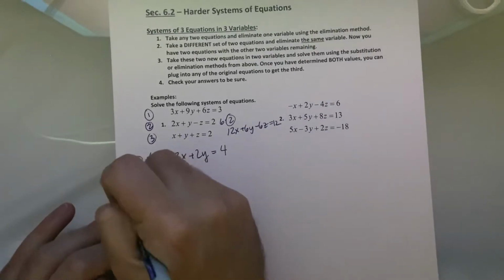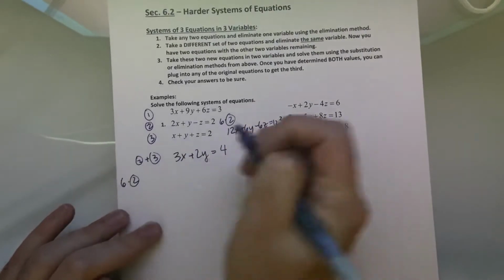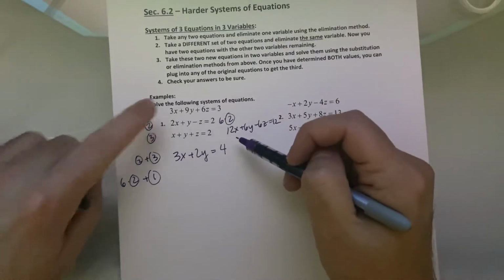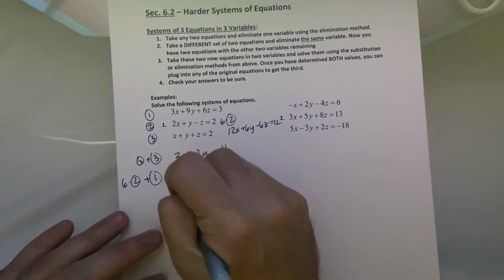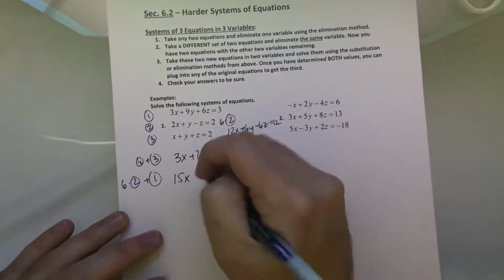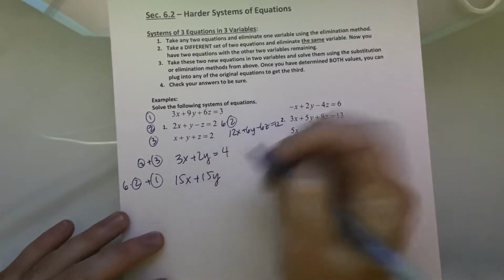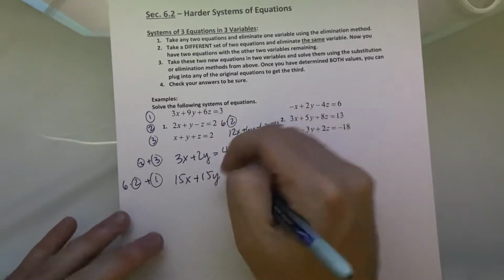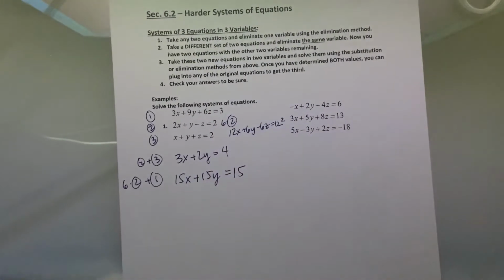So if I take 6 times equation 2 plus equation 1, I get 3 plus 12 is 15x, 9 plus 6 is 15y, 6z plus negative 6z is 0z, and 3 plus 12 is 15. Now I can really clean this up.